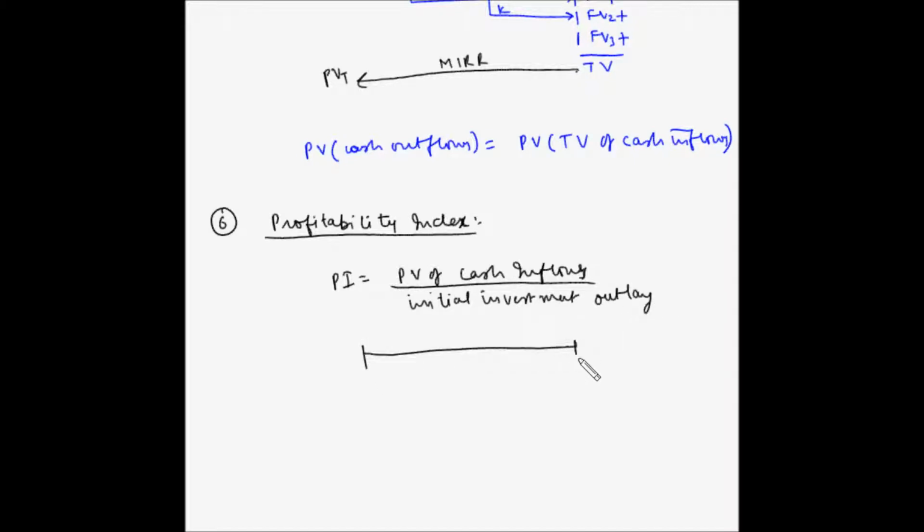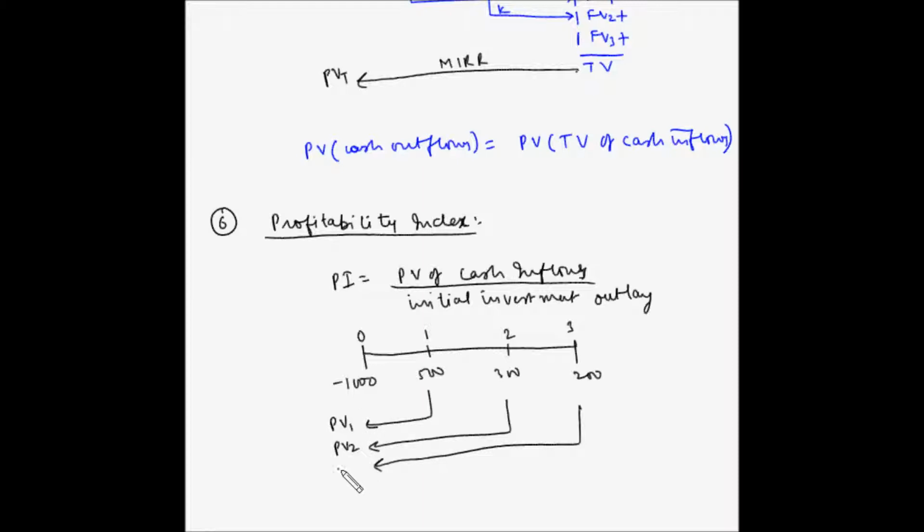So let's consider the same project 0, 1, 2, 3: minus 1000, 500, 300, 200. So we have to find the present value of these cash inflows. Let's say these are PV1, PV2, PV3.